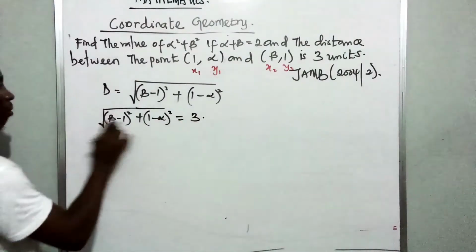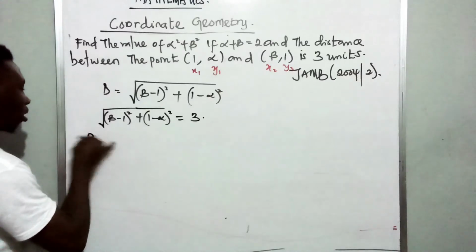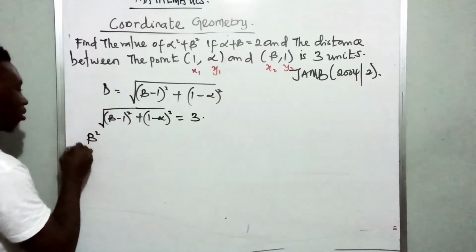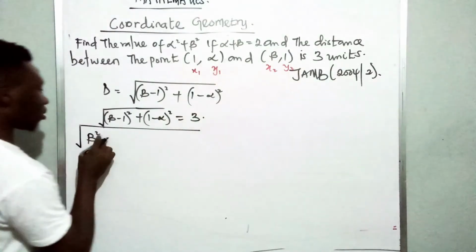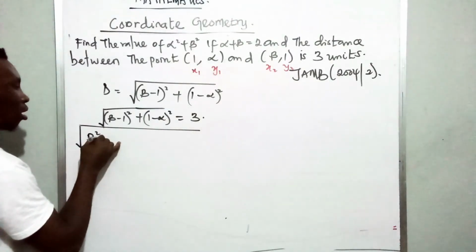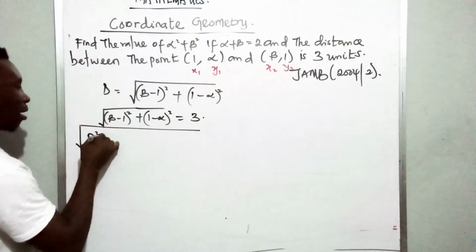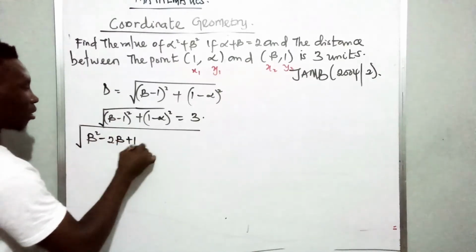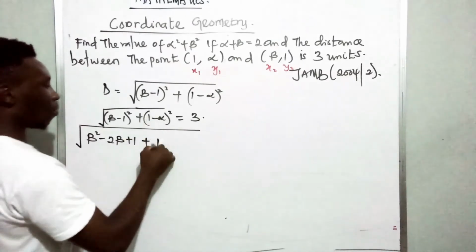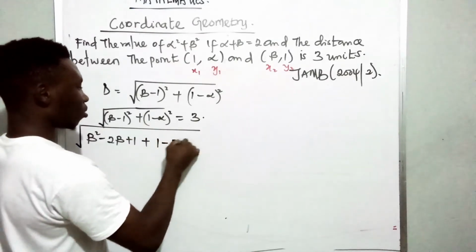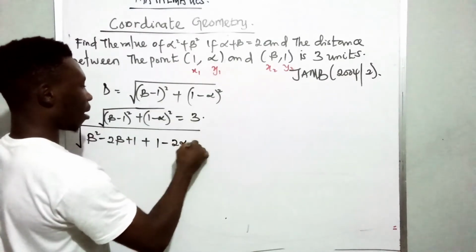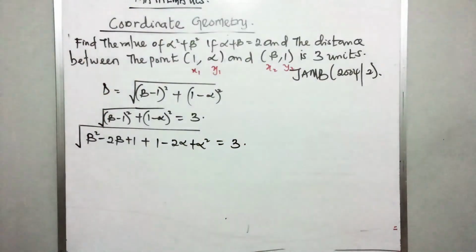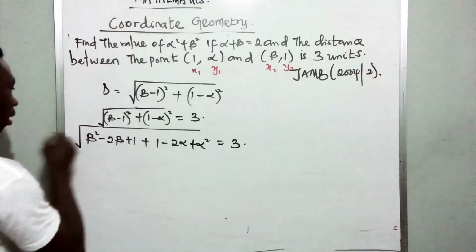So dealing with expanding this becomes what? Beta squared minus what? 2 what? Beta plus 1. Plus expanding this 1 minus what? 2 alpha plus what? Alpha squared is equal to what? 3. So at this junction, I can what? Square both sides.